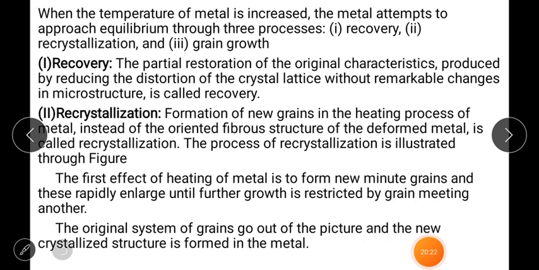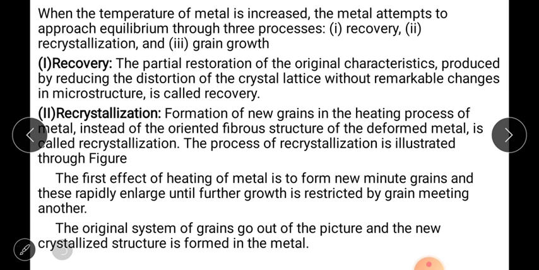Then recrystallization: formation of new grains in the heating process of metal. Means when we heat that metal, the temperature of that metal will reach a temperature higher than the recrystallization temperature, and instead of the oriented fibrous structure of the deformed metal, new grains are produced, and that is nothing but the recrystallization.